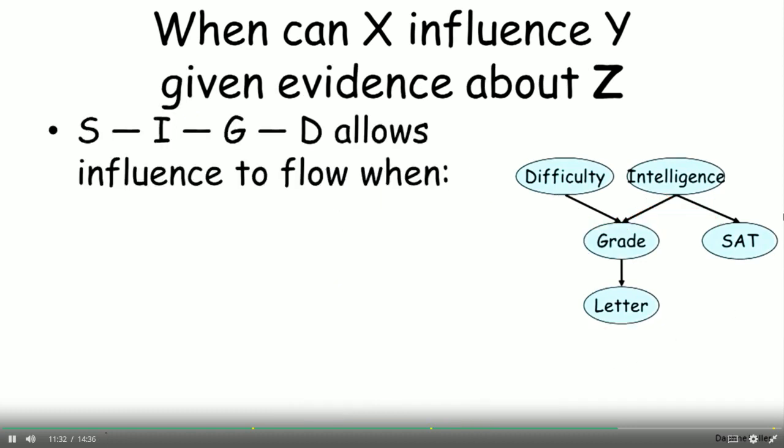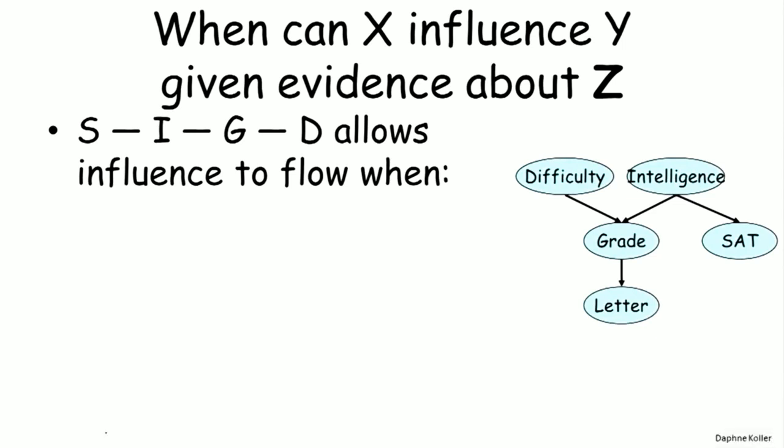To define an overall model of a more general flow of influence. So for example, when can influence flow from S through I through G into D? Well, let's look at a couple of cases. What if I is observed?